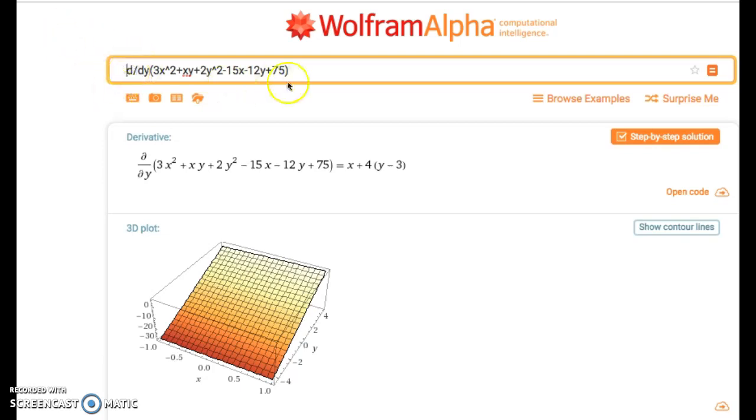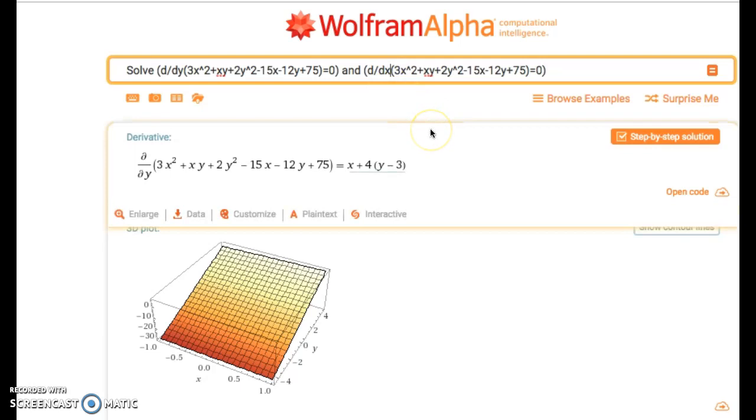And so one way to do that is to say solve, put that in parentheses, and so I'm changing the second one to a dy dx.